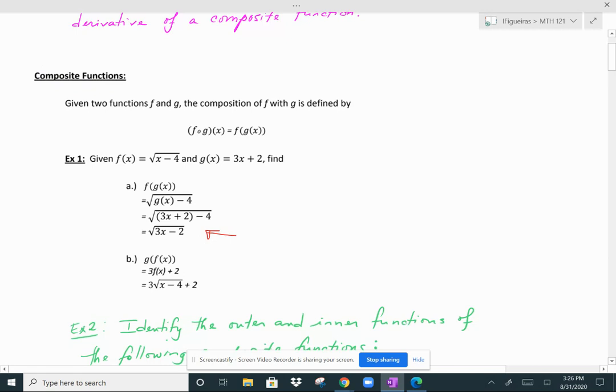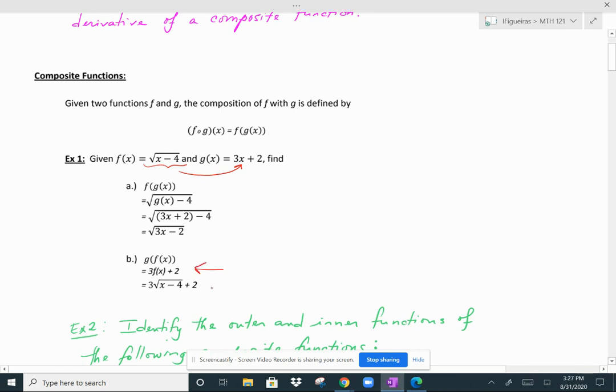If I do this composite in the other order, g of f of x, that means that f of x, which is the radical, is the input into g of x. So that replaces the x in the g of x function. So that means that when you do that, you will have 3 times f of x plus 2.